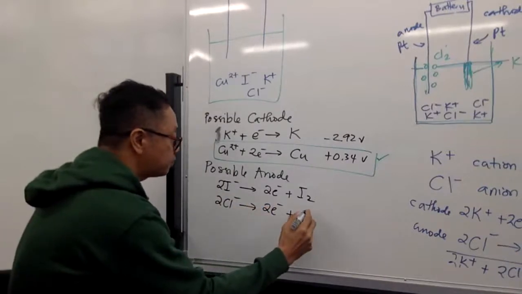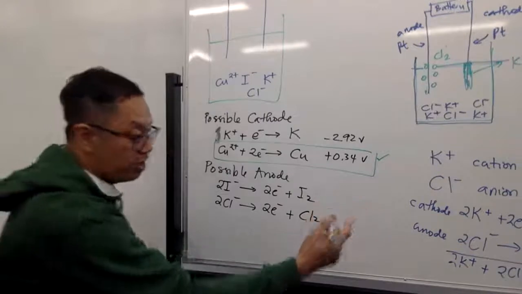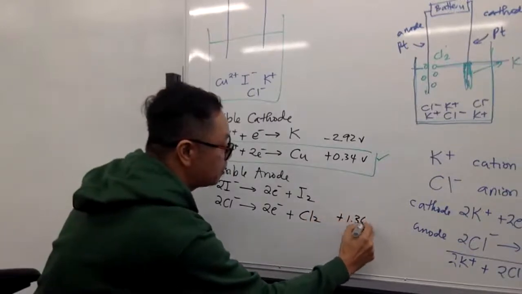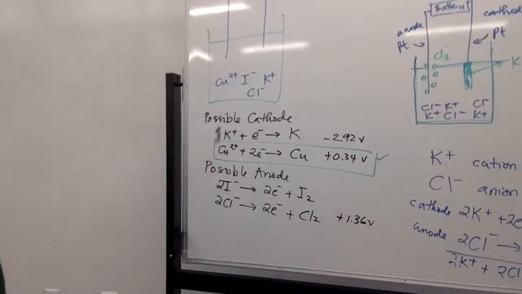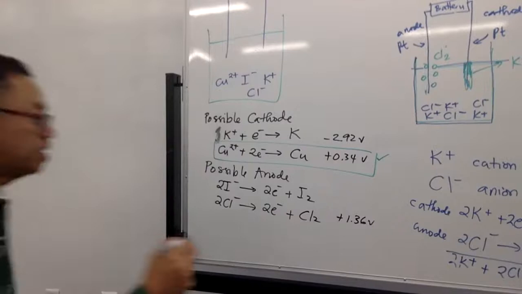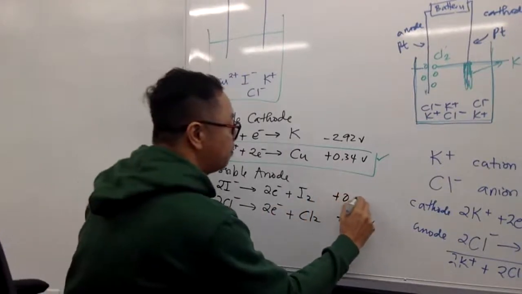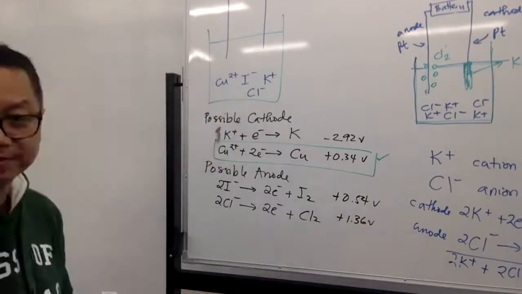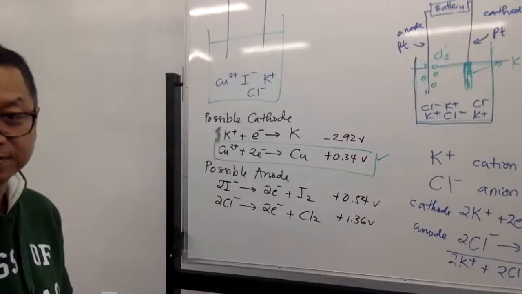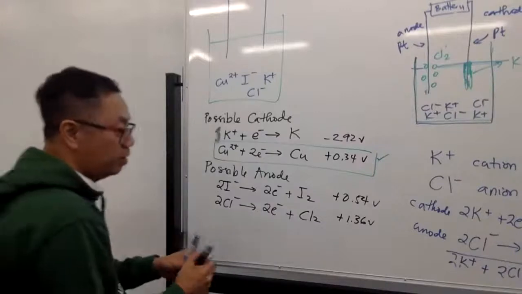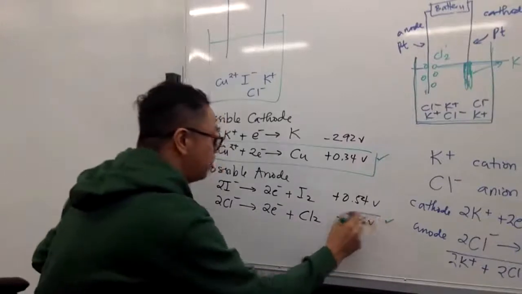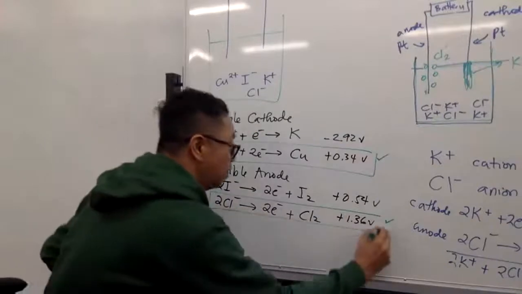We already know that this is positive 1.36 volts, and for the iodine, it is positive 0.54 volts. The chloride, exactly, because this is a bigger number, so this is going to happen.